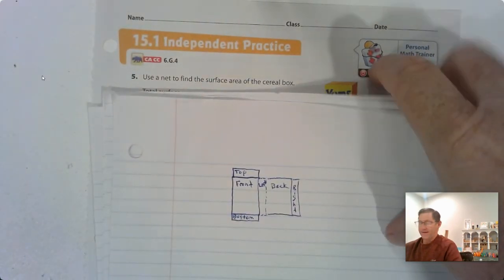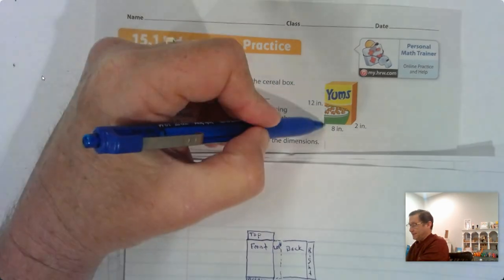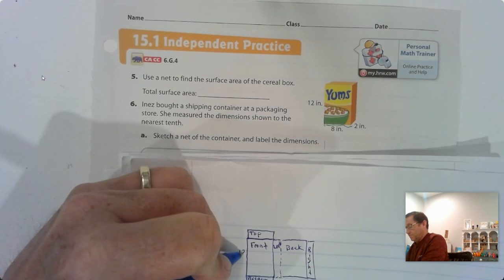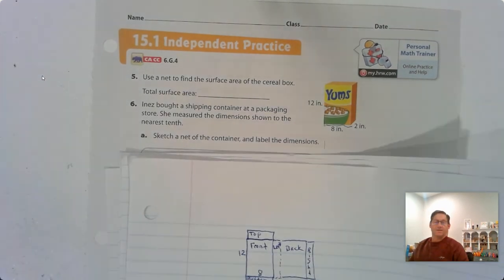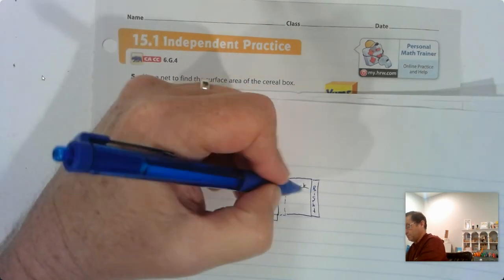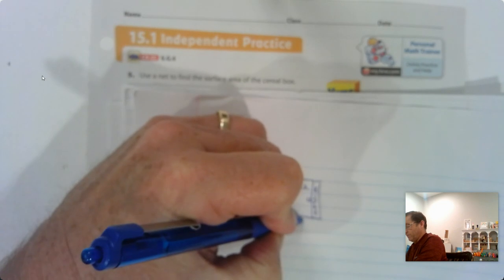All right, so let's go ahead and write in the dimensions then. So we know that the front is an 8 by 12. And so the back is also the same, which would be 12 by 8.